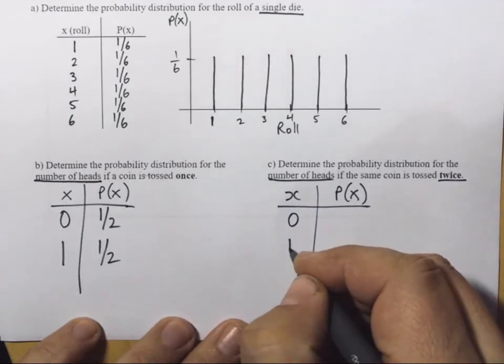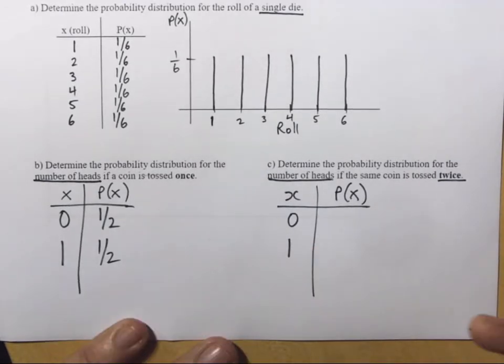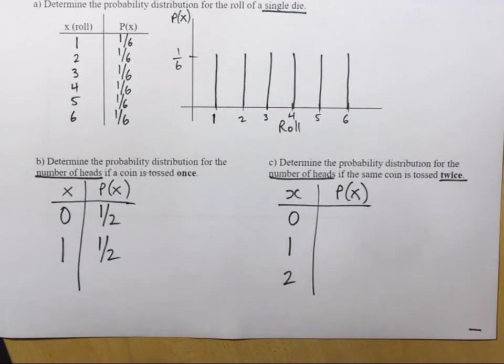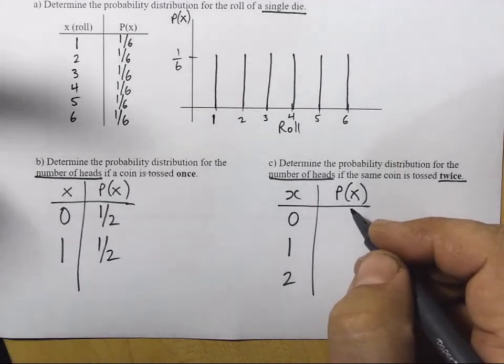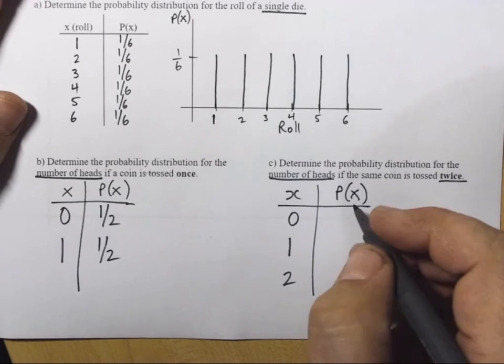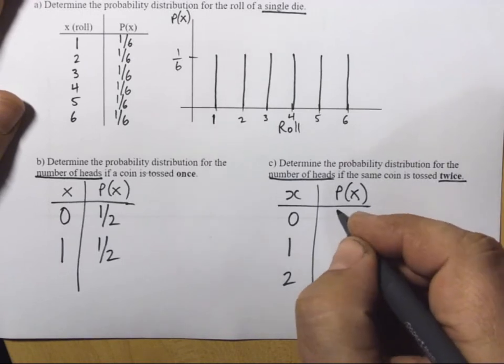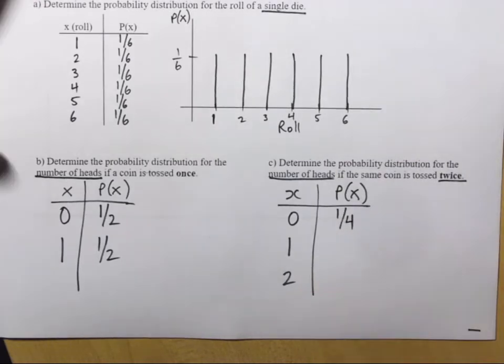Or we could get 1 head in 2 flips. Or we could get 2 heads in 2 flips. The probability of 0 heads means we've got a tail, then a tail. Out of 4 possible outcomes, that is a 1 in 4 chance.